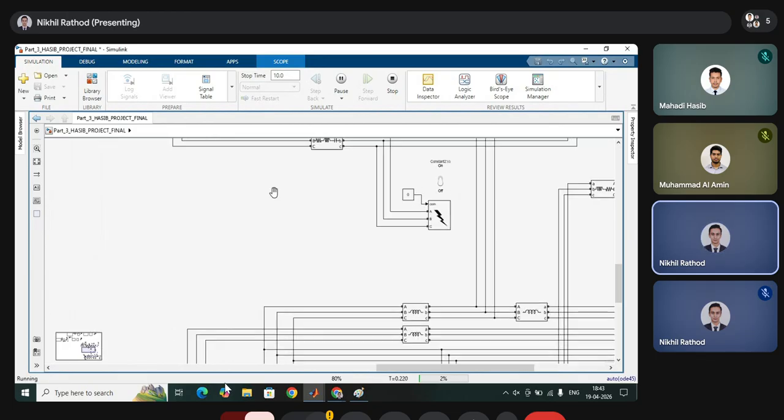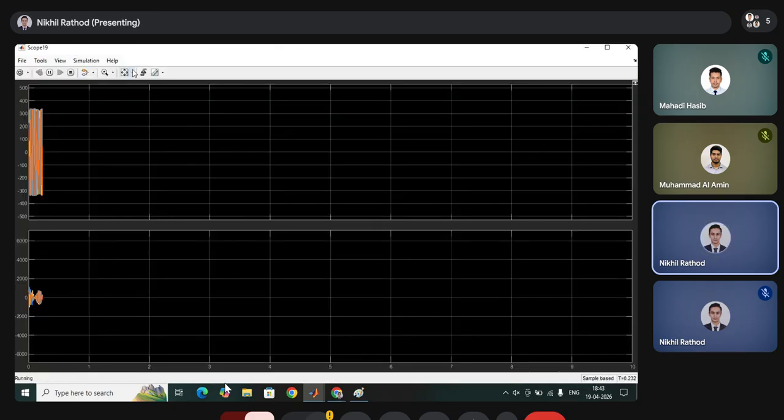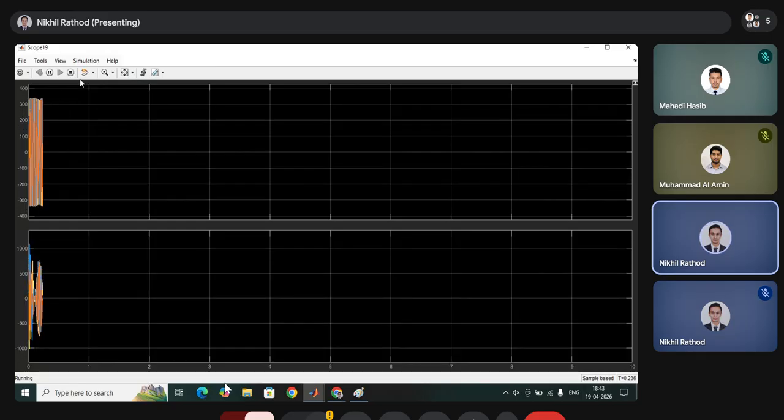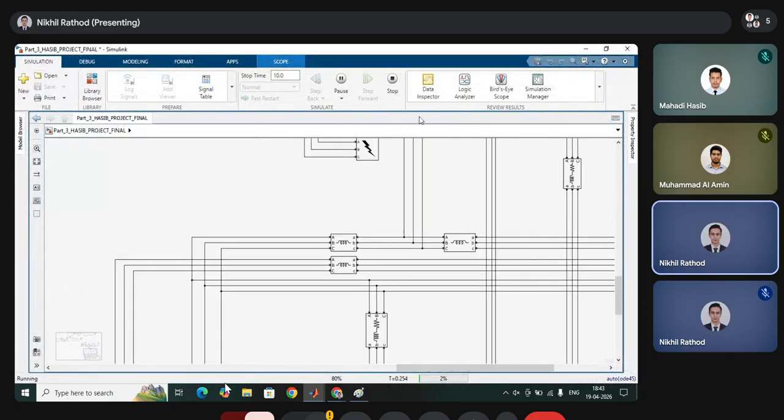So this is the voltage and current that we have generated, and it takes some time to stabilize. What about the load?